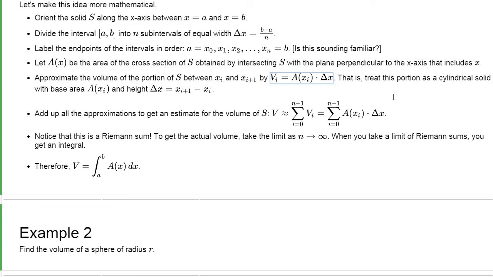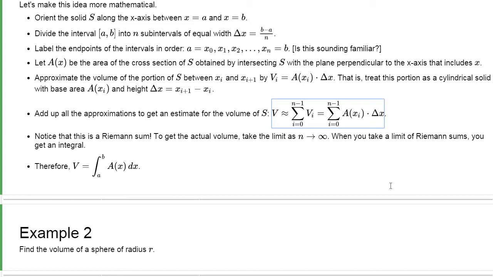So in other words, I'm going to treat the portion of the solid between x sub i and x sub i plus 1 as a cylindrical solid where the base is whatever the cross-section is at x sub i and the height is delta x. Okay, add up all of those approximations and that will give you an approximation for the volume of the entire solid S.